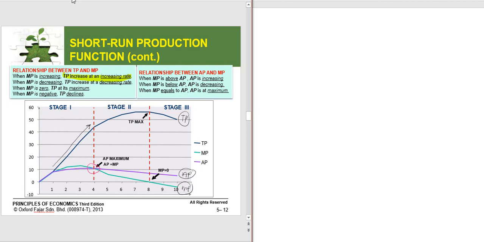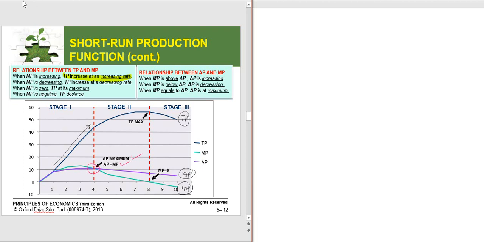So the purple curve here, which is the average product curve, is at maximum. So there are two conditions to end stage 1: stage 1 ends when average product is at maximum, or average product equals marginal product. It means the average product curve and the marginal product curve will intersect. So that is the end of stage 1.